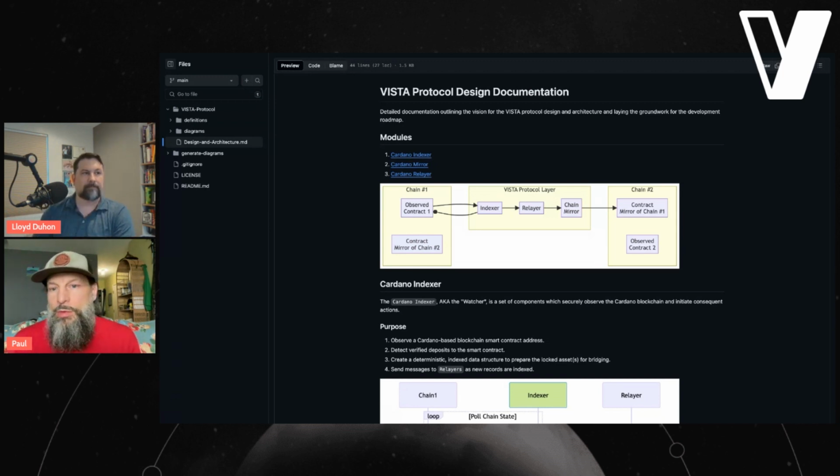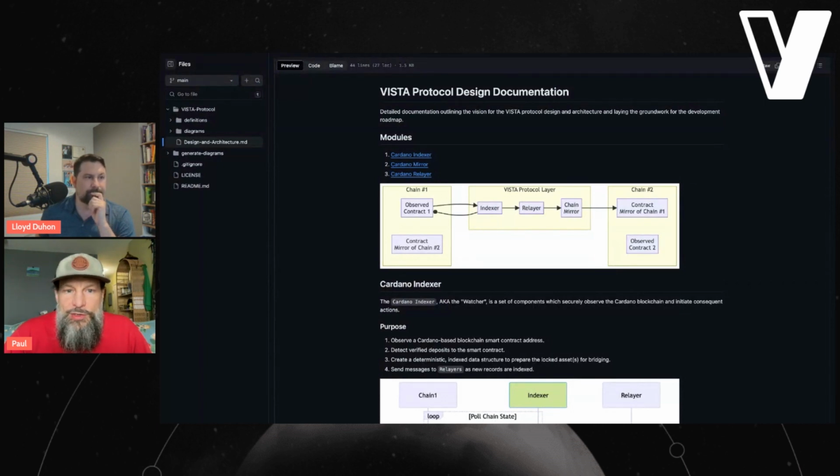Well, we've got our initial diagram here, which is just a general overview of the protocol. As you can see, it starts here on the left with a contract that's being observed. The indexer is the first initial module inside of the Vista protocol layer, which would be a middleware layer between two chains.